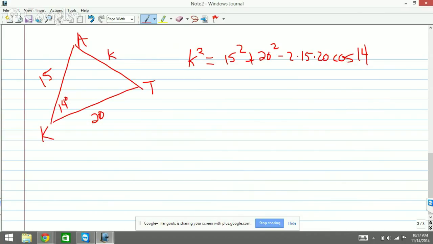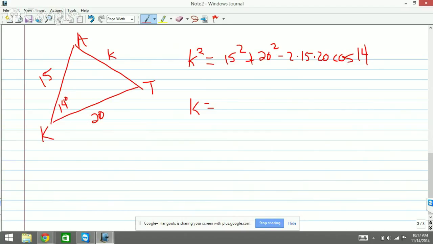Anybody get K? Good question. Ask it again, louder. Anybody? Because it's not a right triangle.